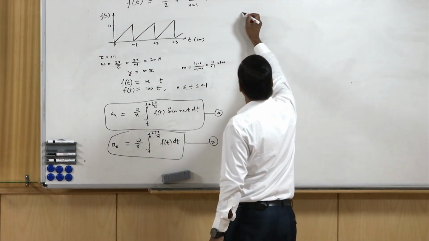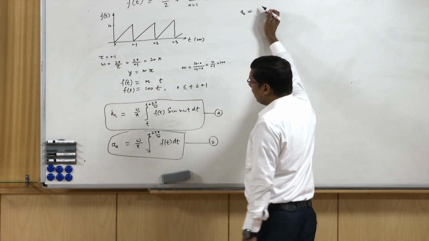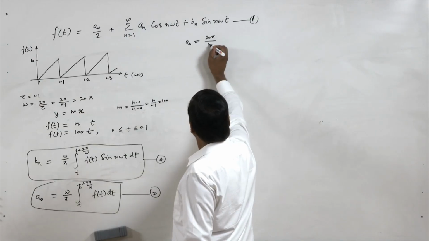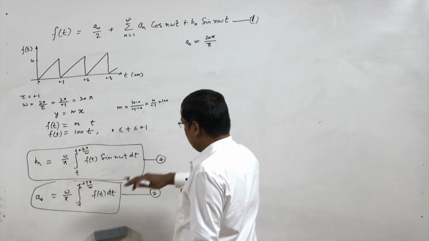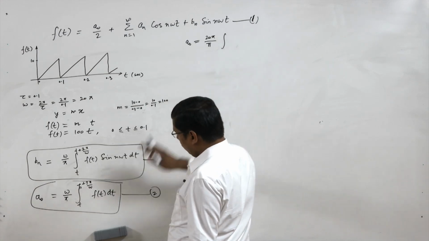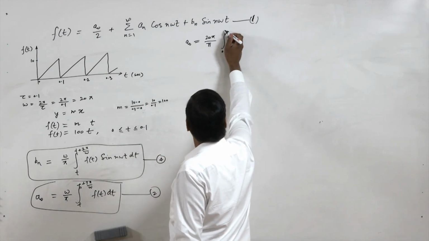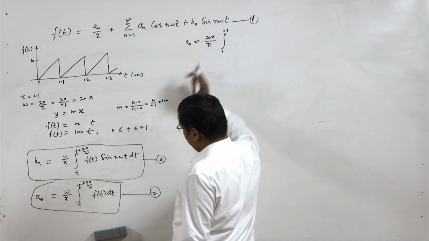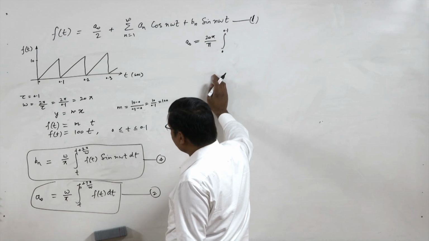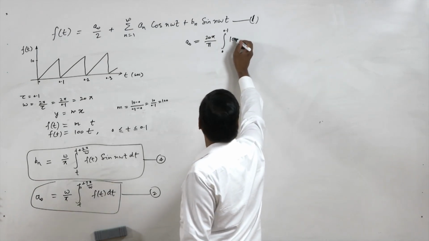So let's calculate a0. a0 equal to omega by pi. Omega we calculated, it is 20 pi, by pi, and the cycle we start from 0 to 0.1. So t starts at 0, and the integral of f(t) dt, where f(t) is 100t.